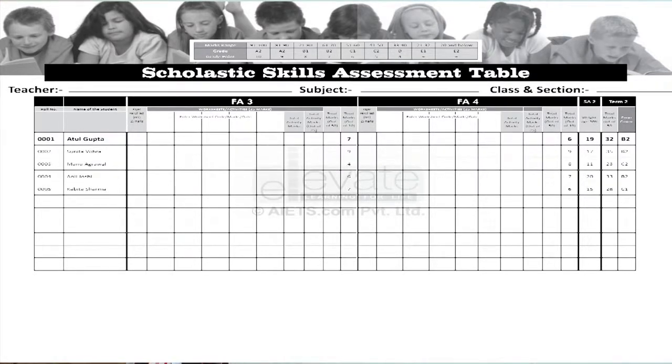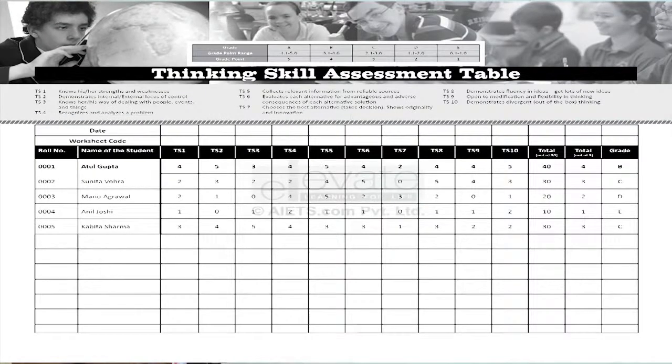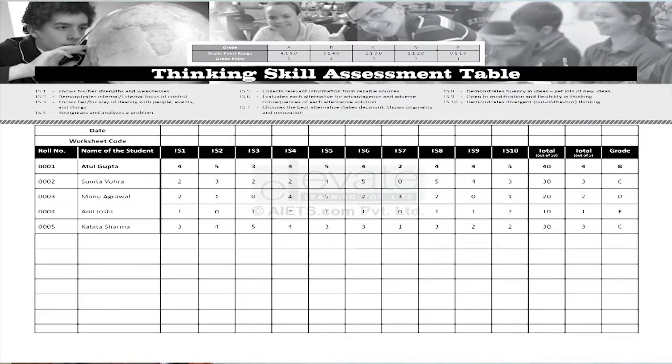This is the scholastic record keeping for the students. Now we are moving to the co-scholastic part. As per CBSE, we have some life skills: thinking skills, social skills and emotional skills.